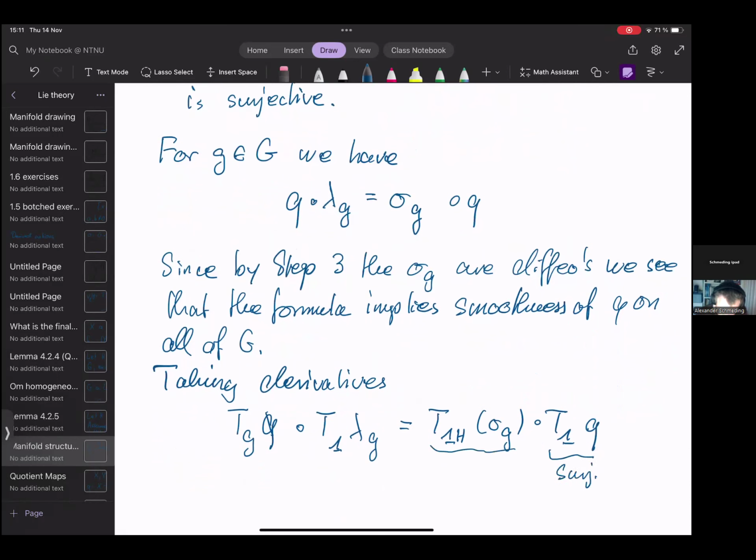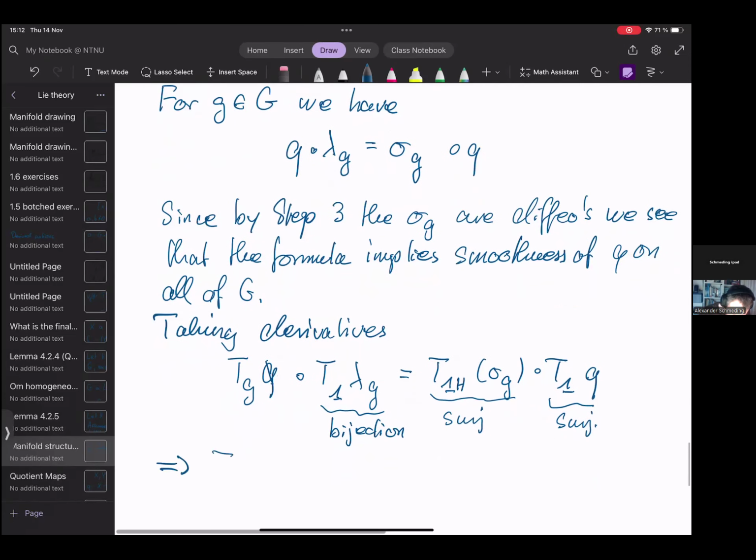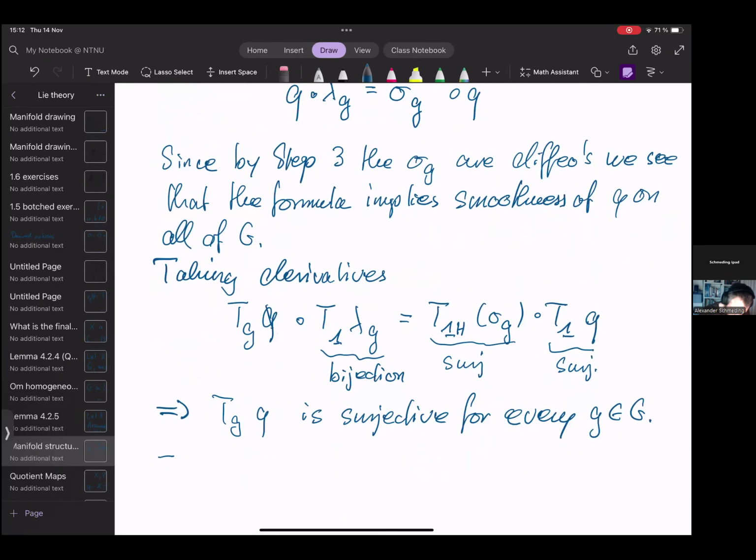Since sigma G is a diffeomorphism, this is surjective. And since left translation in a Lie group is a diffeomorphism, this is a bijection. And so we see that TGQ needs to be surjective for every G in G. And this shows that Q is a submersion.